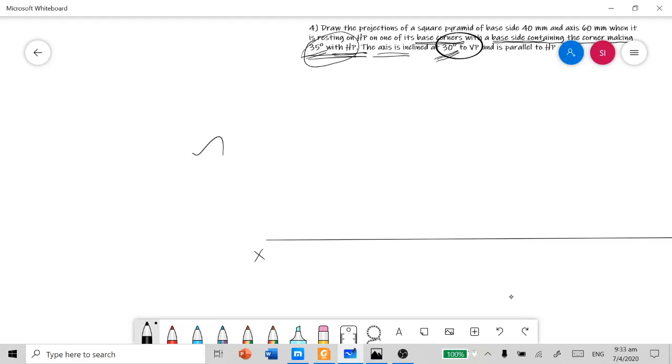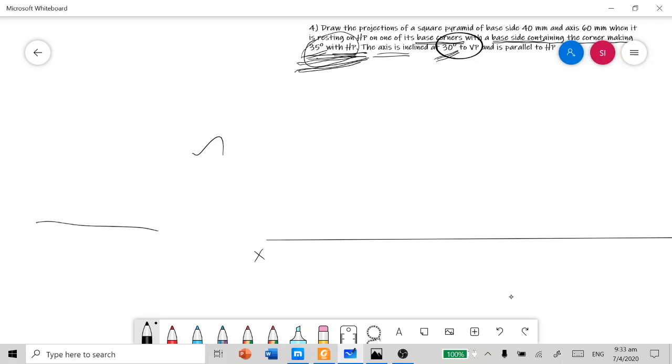Now, how to draw the square base in the front view? The very first condition is that one base corner must touch the XY line. This means that particular base corner is resting on HP. One more condition is that one of the base sides should make 35 degree with HP.